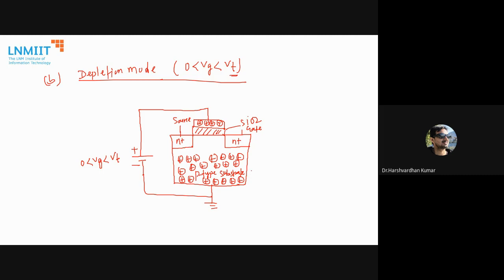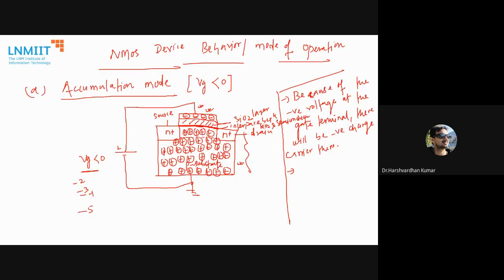The positive charge on the gate pushes the mobile holes into the substrate, right? There will be a repulsive force between these positive charge carriers and those positive charge carriers. Remember, in case of accumulation, the positive ions were in this region.